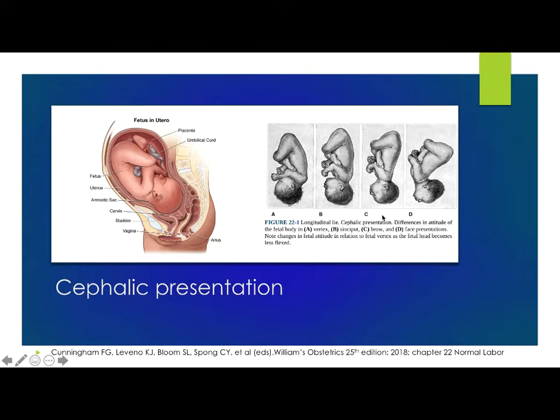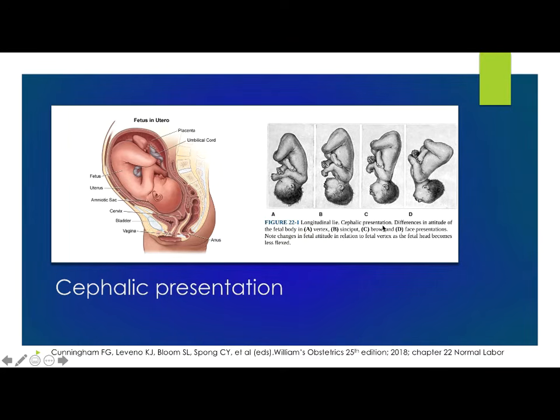When the head is only partly flexed, such as you see in this picture, the anterior or large fontanelle may present at the birth canal, and this is what we call sinciput presentation. When the neck is only partially extended, as you can see in this picture, the brow may emerge, and this is what you call brow presentation.